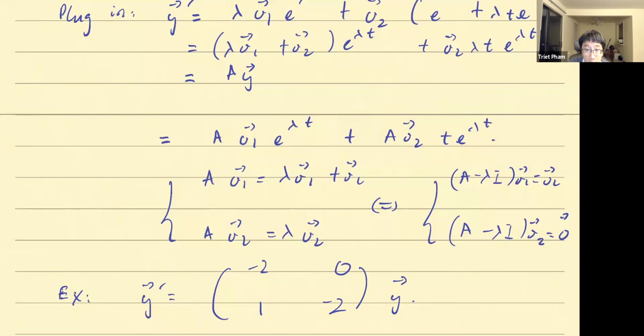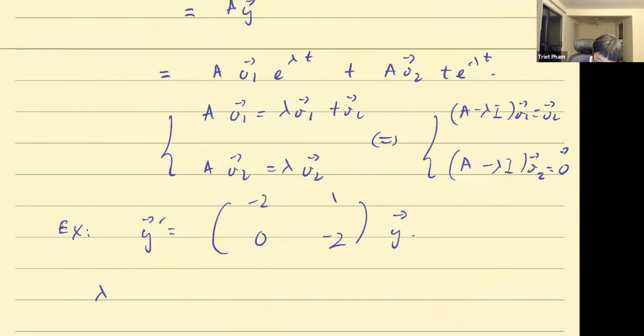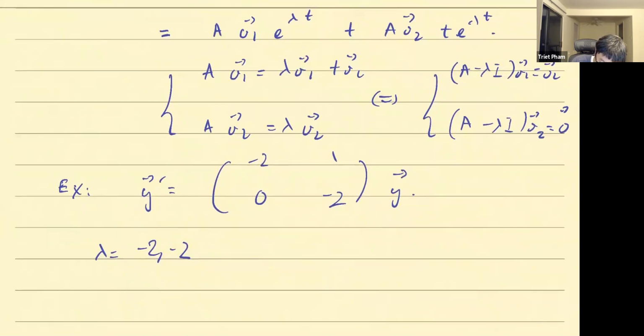Sorry, 1 up here. And so lambda is equal to -2. If lambda equals -2, then you get 0, 1, 0, 0. So that's A minus lambda I. So first you see we trace this.